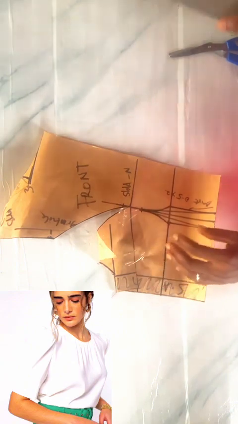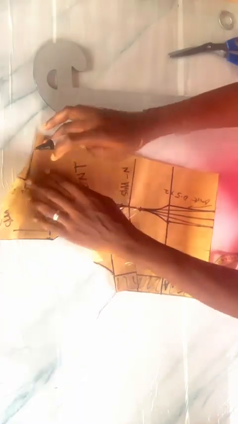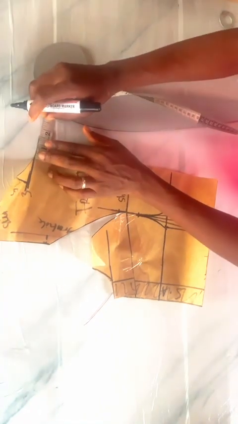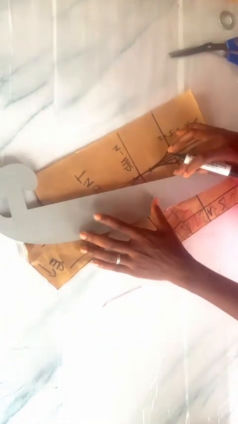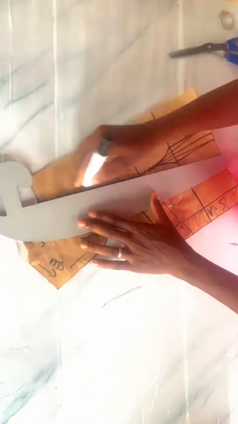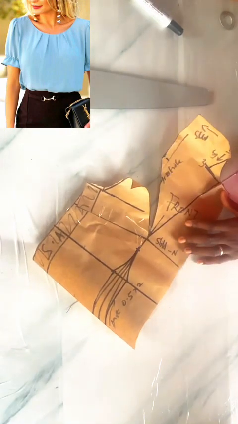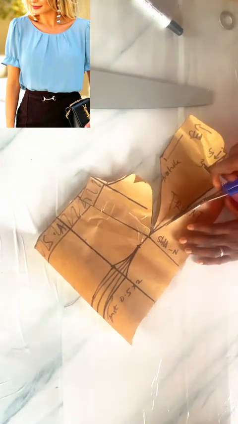This is me also trying to transfer the dart to the neckline. You can transfer all of the darts to the neckline, including the waist dart. Transferring the dart to the neckline will give you another design, something similar to this.